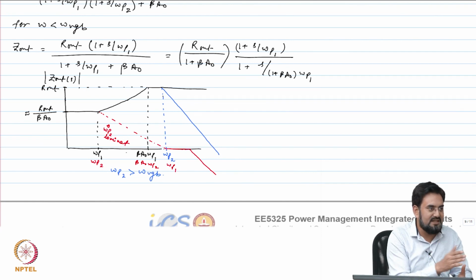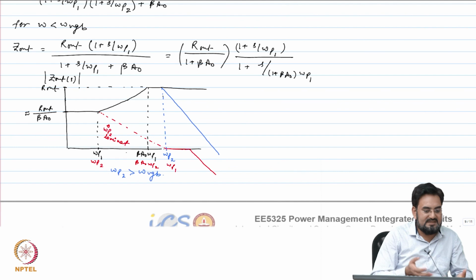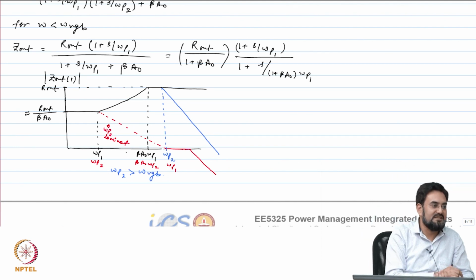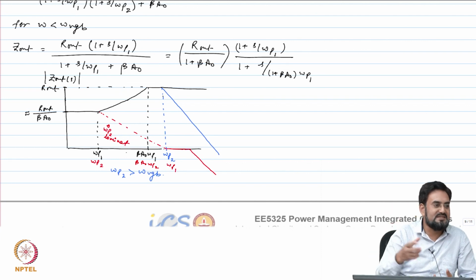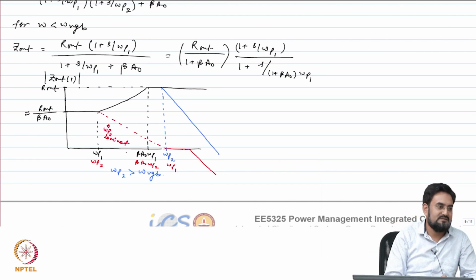So your UGB is reducing, but at the same time your output impedance is also reducing. So in that case, even if you make a lower bandwidth, your transient response will be better compared to the other case if you make the output pole dominant, because your capacitor itself will absorb all the transient.